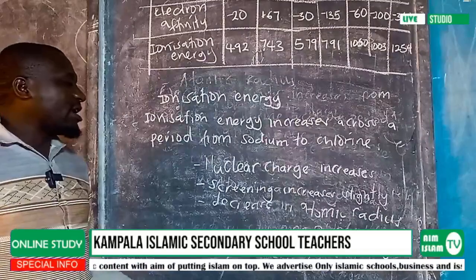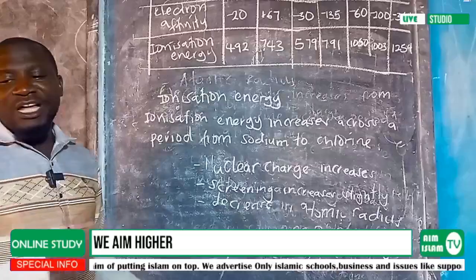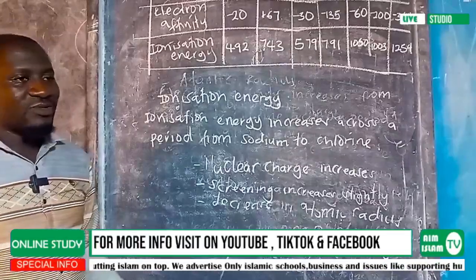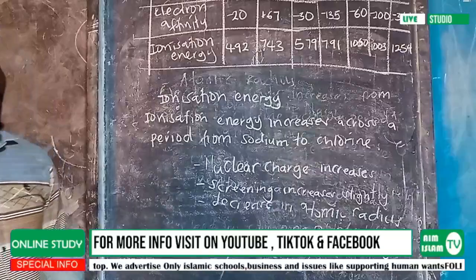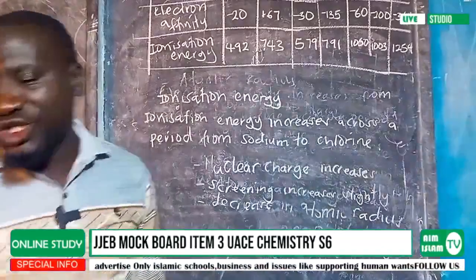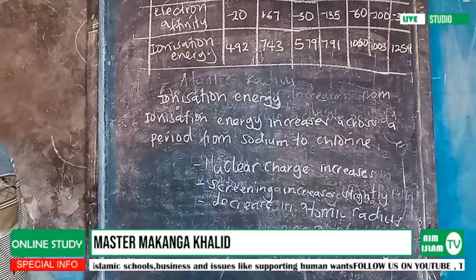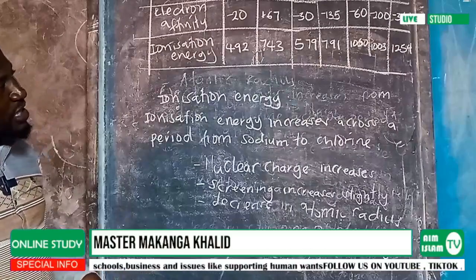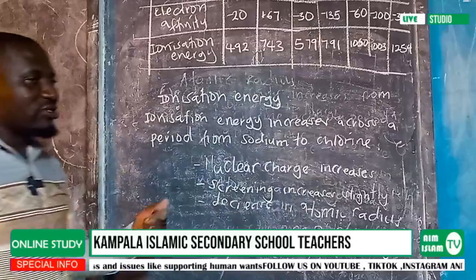Therefore, the electrons are nearer to the nucleus, and they experience more attraction. Removing an electron requires more energy as we move from sodium to chlorine. Hence, an increase in ionization energy.